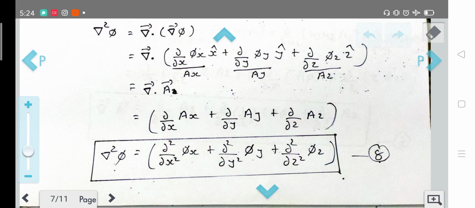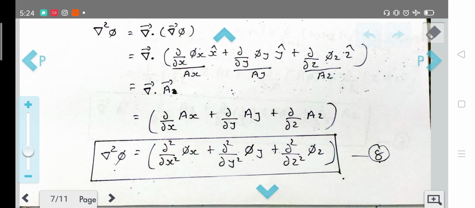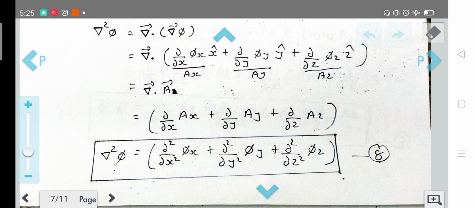Finally we will get the Laplacian of scalar quantity phi as del square upon del x square phi plus del square upon del y square phi plus del square upon del z square phi.